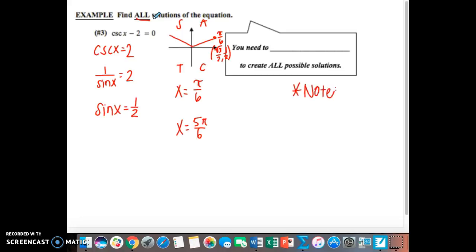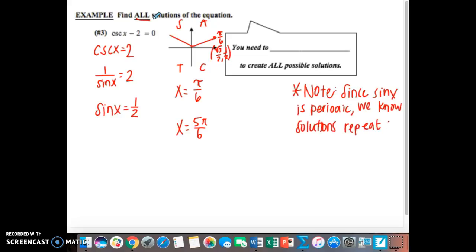something to note. Since sine of x is periodic, we know solutions repeat on intervals of 2 pi.